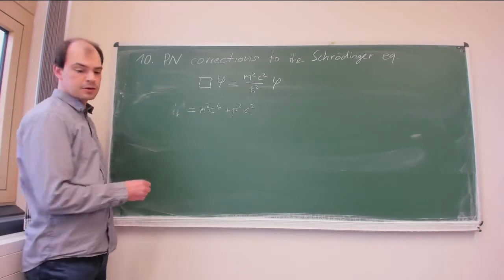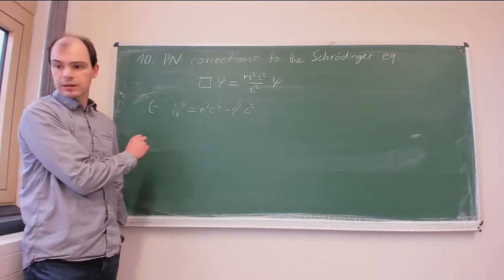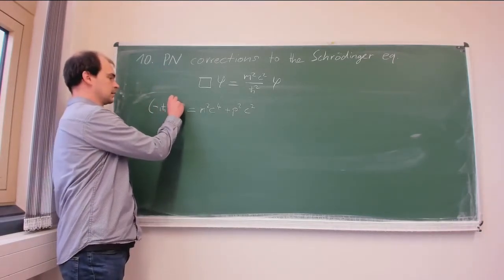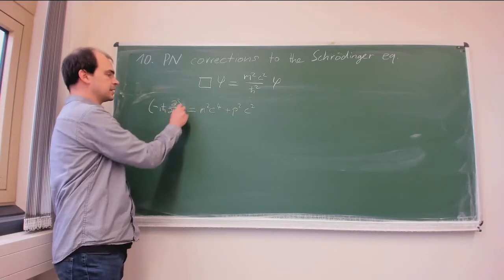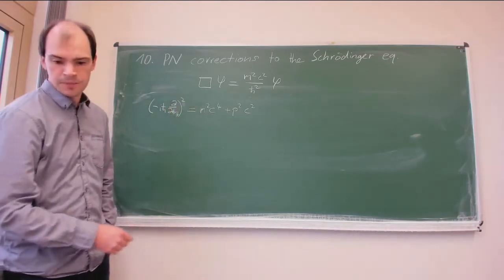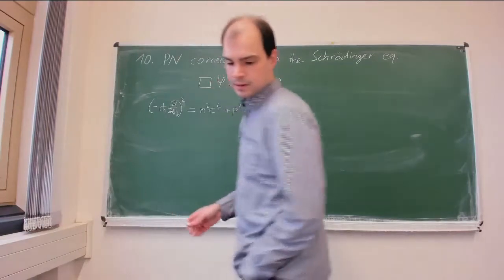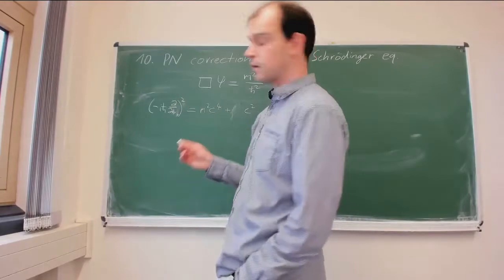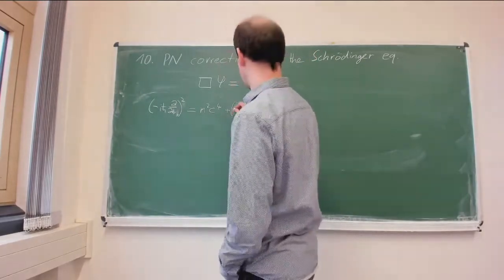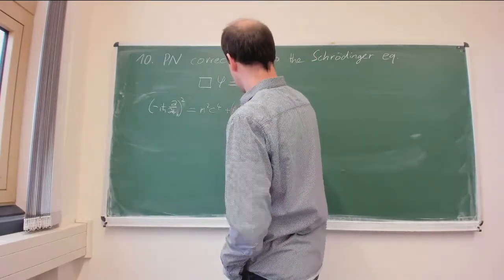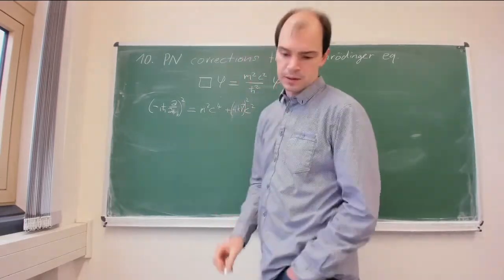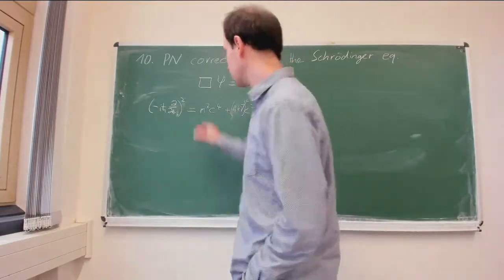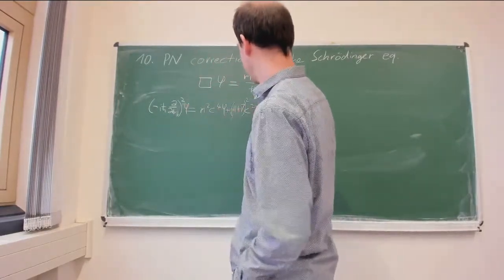So instead of h, we write the time evolution, minus i h bar d by dt, squared, and instead of the momentum, we write the momentum operator, minus i h bar gradient, squared, and all of this is acting on our field phi.